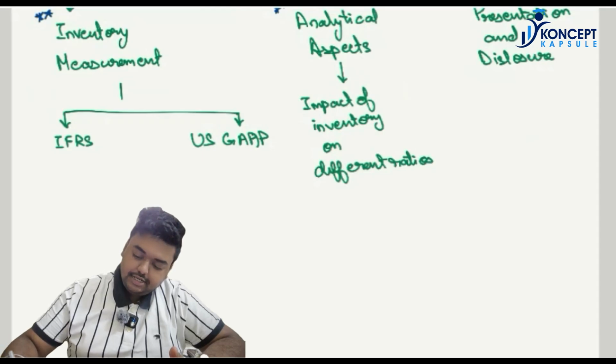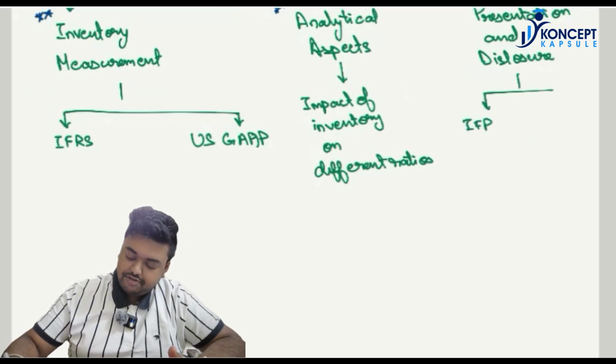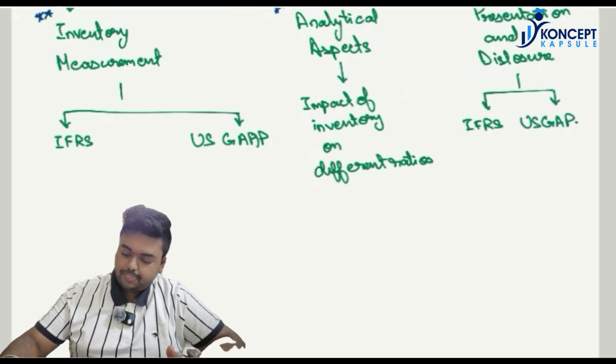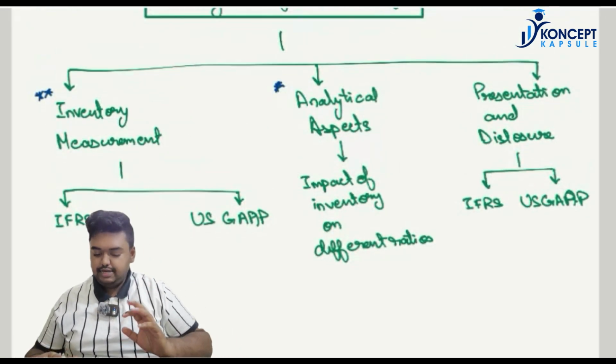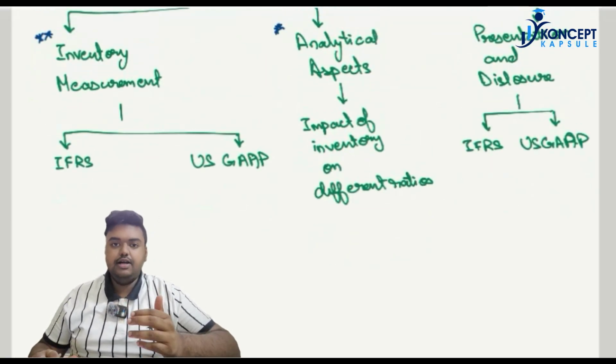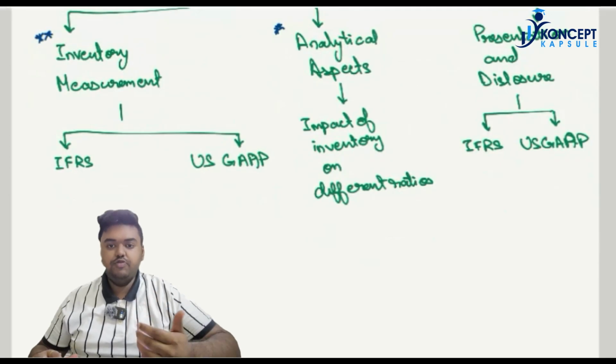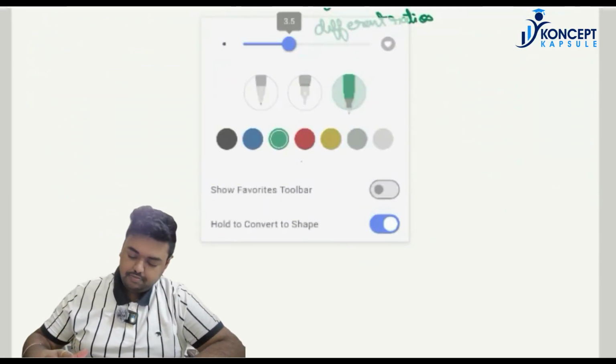And presentation and disclosure again discusses from the lens of IFRS and from the lens of US GAAP. So, are we clear with the theme of the entire chapter? Without wasting another second, we are moving to inventory measurement.